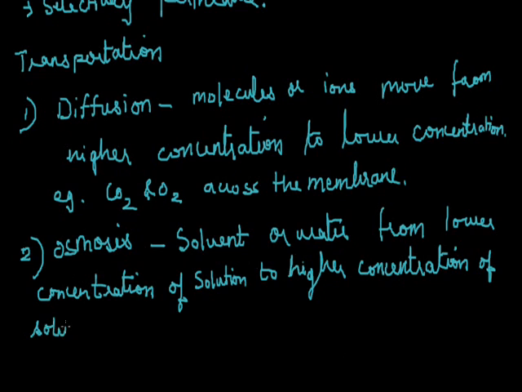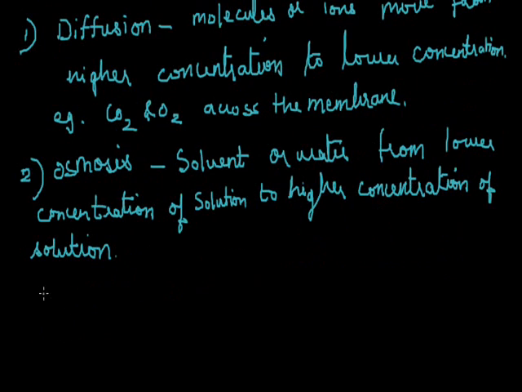Osmosis can also be called as diffusion of solvents, and it takes place through a semi-permeable membrane. We can also define osmosis as the movement of solvent or water from its higher concentration to its lower concentration. The movement of solvent into the cell is called endoosmosis. Entry of solvent inside the cell.